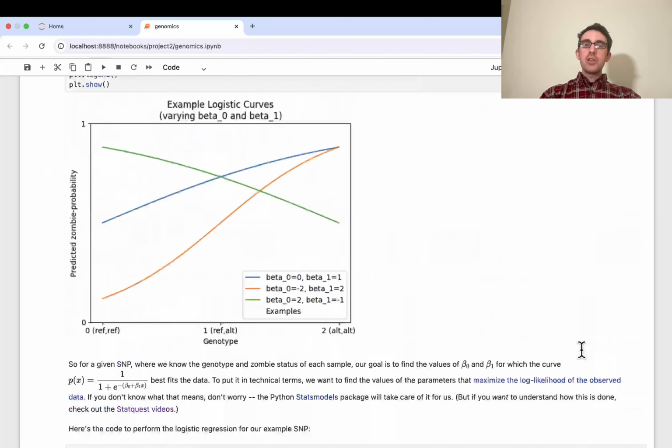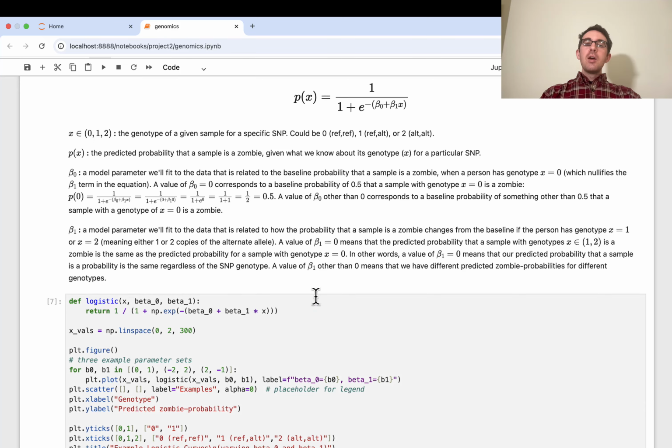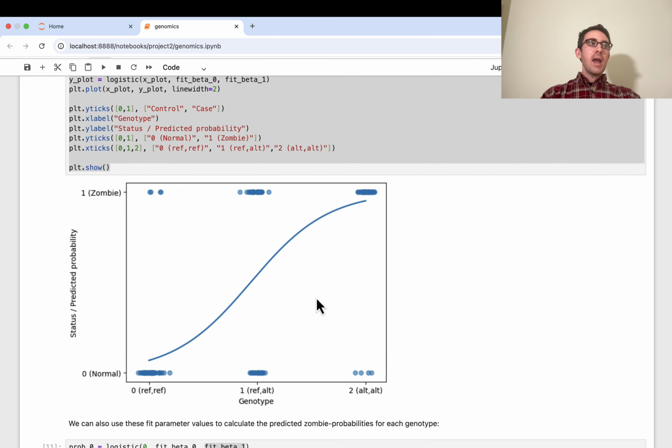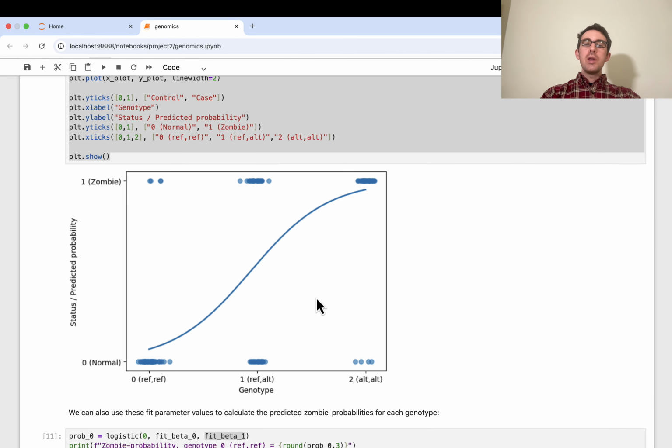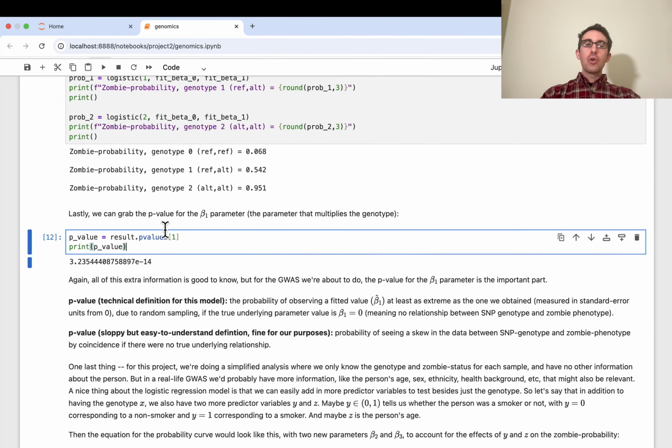We can literally see the skew in the data points here between the genotypes and the case status. It's the probability of seeing this much of a skew between the phenotype and the genotype by coincidence, if there were not actually an underlying relationship between them. A lower number means less likely to see by coincidence, which means possibly more likely that there is actually a relationship between the genotype and phenotype.